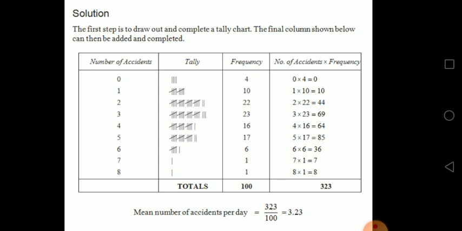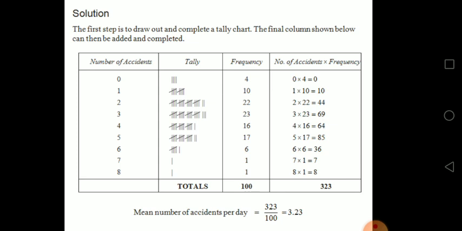So as we can see, we know how to represent the tally system. A pack represents 5. That's a complete pack. 1 stroke represents 1 observation. So we have it up to number 8, which is the last observation on this table.